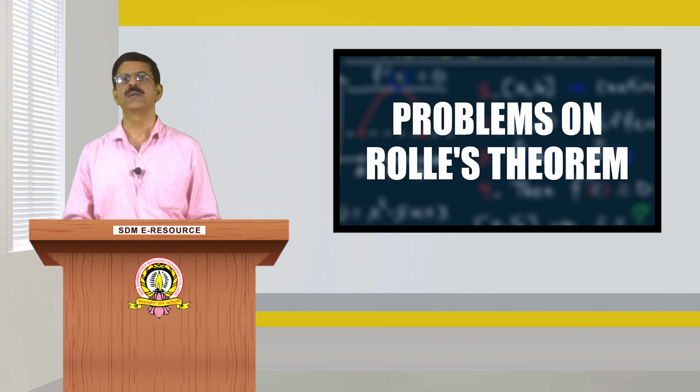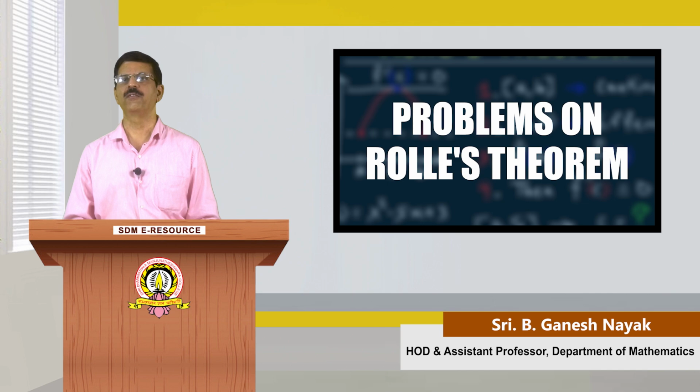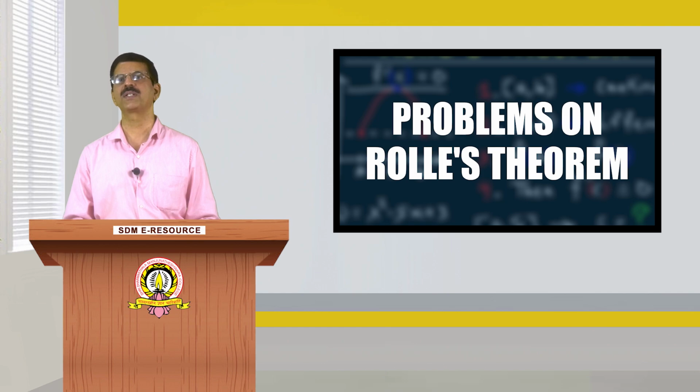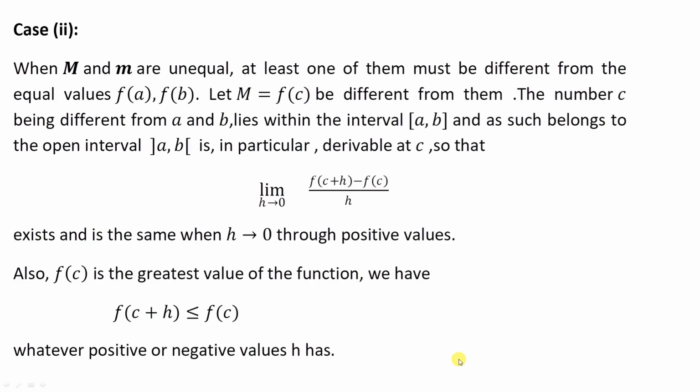Now we will discuss case 2, when M and m are unequal. I mean the greatest value is not equal to the least value.